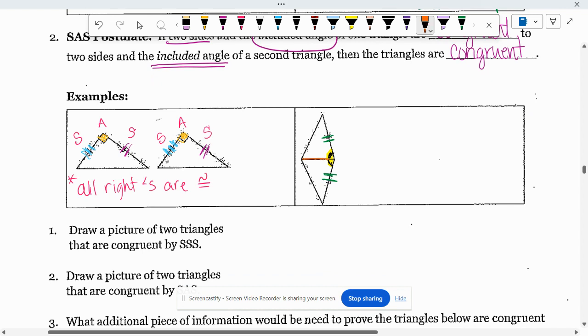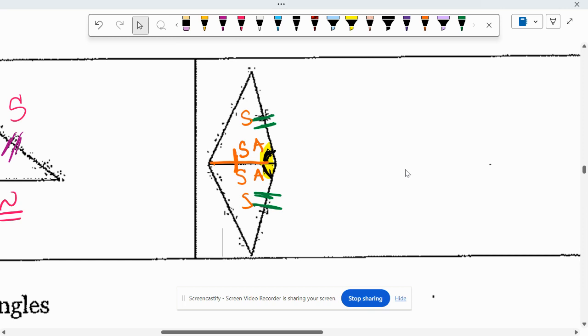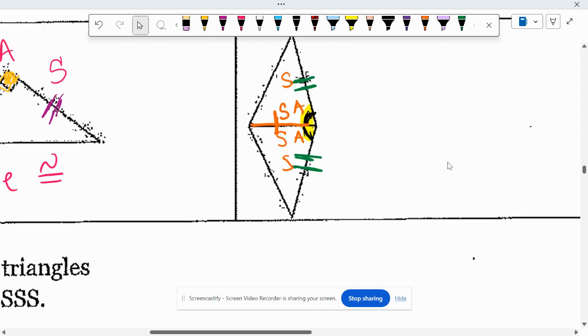They have this shared side, this common side. So this is side, angle, side of the top triangle, and then side, angle, side of the bottom triangle. Do you guys see that? Side, angle, side, side, angle, side. And again, that little side congruent to itself is because of the reflexive property.